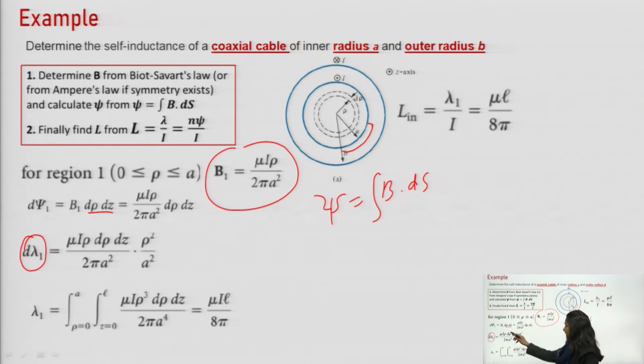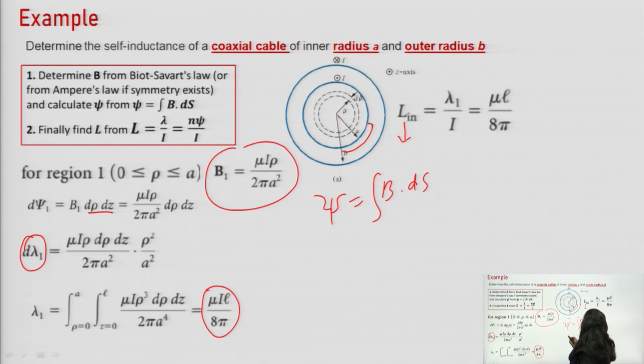Here we have two differentials, d rho and dz. Rho is varying from 0 to a, and z is varying from 0 to L. So finally we got the value of flux linkage like this. Now the last step is to find the self inductance.